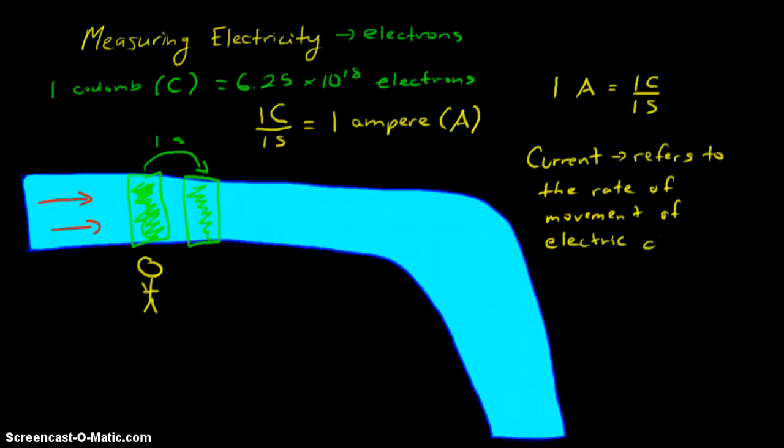So it's not necessarily how much electrical charge there is, it's the rate at which it's moving. So how many electrons would be the number of coulombs, and how quickly they're moving, or how many pass by in each second, that's amps. That's current. So current is measured in amps. Current is amps.